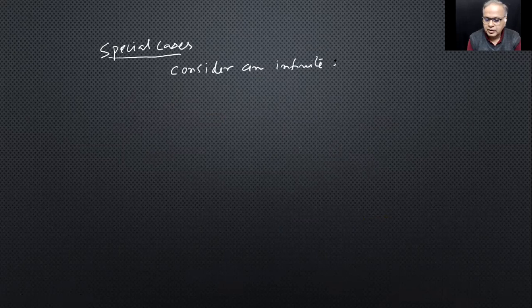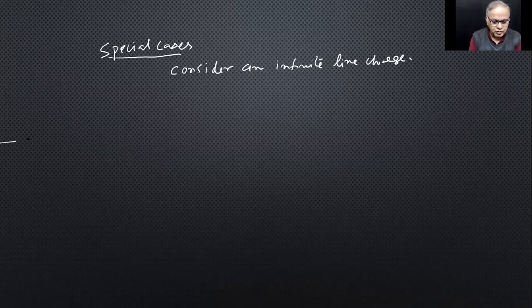Now, some special cases let us consider for the same thing. Consider an infinite line charge. How does the formula change? Infinite line charge. What do you mean by that? We don't know the ends.